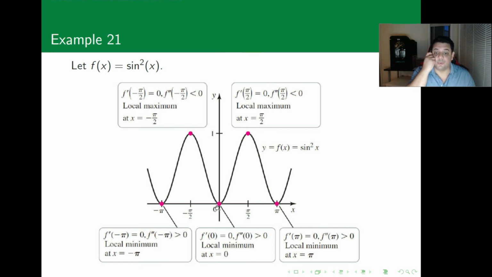So in all those points, we're going to check what's going on. Those are critical points. Notice around this, f prime is being positive, so local minimum. Here f prime is negative, local maximum. f prime positive, local minimum. f prime negative, local maximum, and so on.